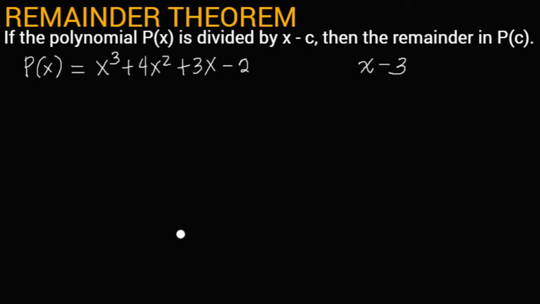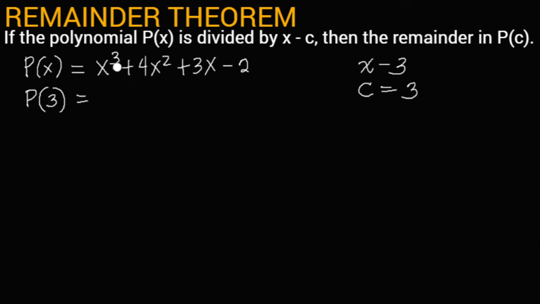Now, the question is, what is the remainder when this polynomial is divided by x minus 3. So, again, we have to find c. Baka yung ginawa natin kanina. So, ang c natin dito is 3, right? So, to find the remainder, we have to determine the value of p of 3.